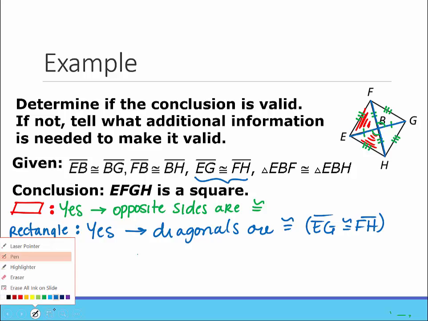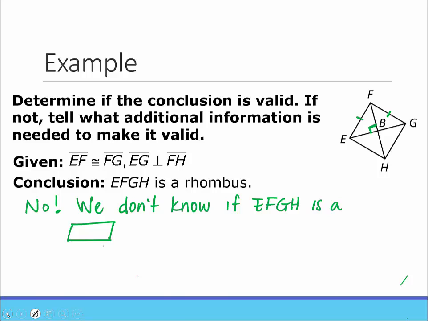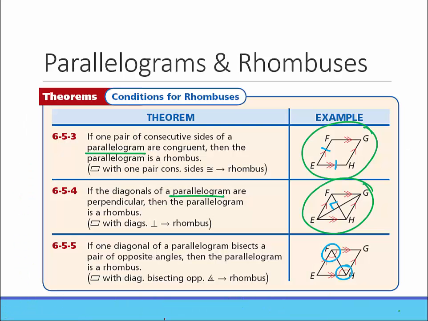And then the last thing we got to prove is, is it a rhombus? And if it meets this condition, then it has to be a square. So if we go back to our rhombus conditions, if one pair of consecutive sides is congruent, or if the diagonals are perpendicular, we don't know anything about this, so we're not going to use that one. And then if the diagonals bisect each other, again, we don't know anything about that.